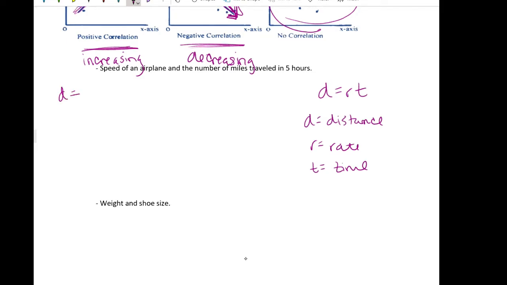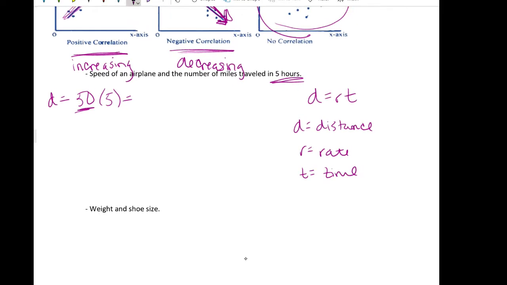So we know that the time is 5 hours. But let's say the rate at which the plane is traveling is 50 miles per hour. So this is the number I just inserted. Mind you, that's not very fast for an airplane. If the airplane is traveling at 50 miles per hour over 5 hours, that plane is going to travel 250 miles.